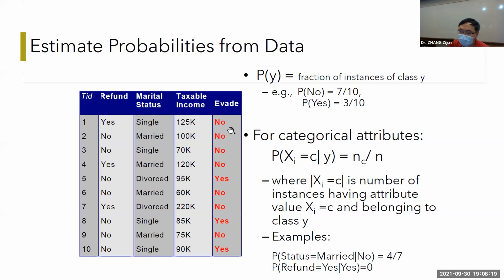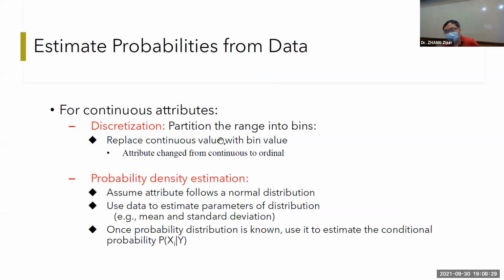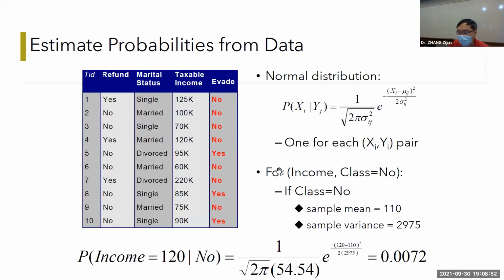We also talked about how to deal with numerical variables or numerical attributes in the Bayes classifier. There are two main strategies. One is using discretization. Another is more complicated, which is we assume that it follows a Gaussian, which serves as the probability density for us to estimate its probability.